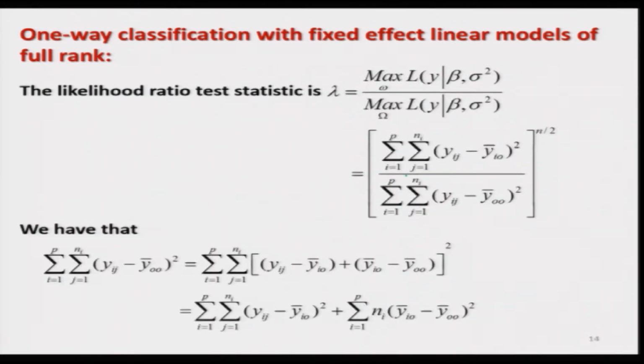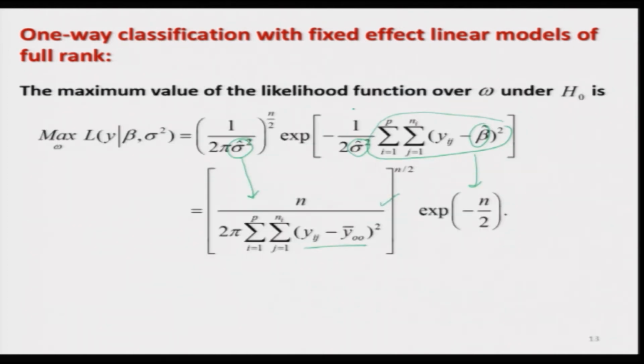Now you have obtained the maximum value of the likelihood function over the complete parametric space capital omega and the sample space small omega. If you look at these expressions, you are trying to take the ratio over small omega and capital omega.